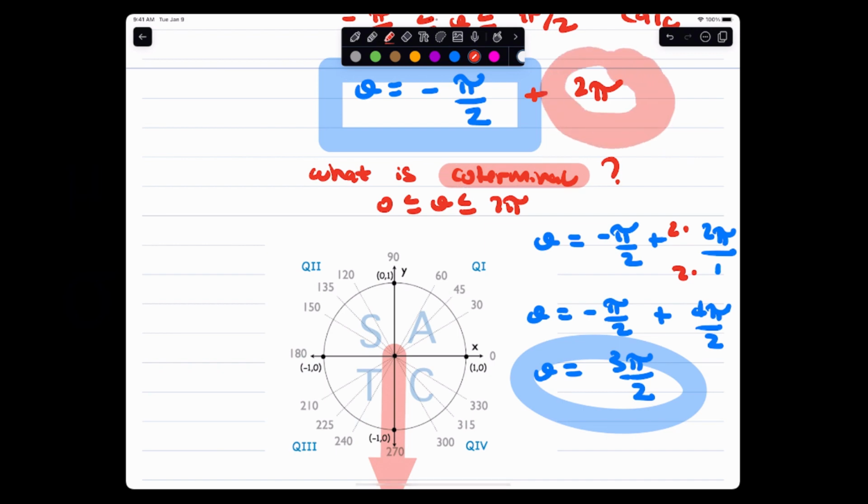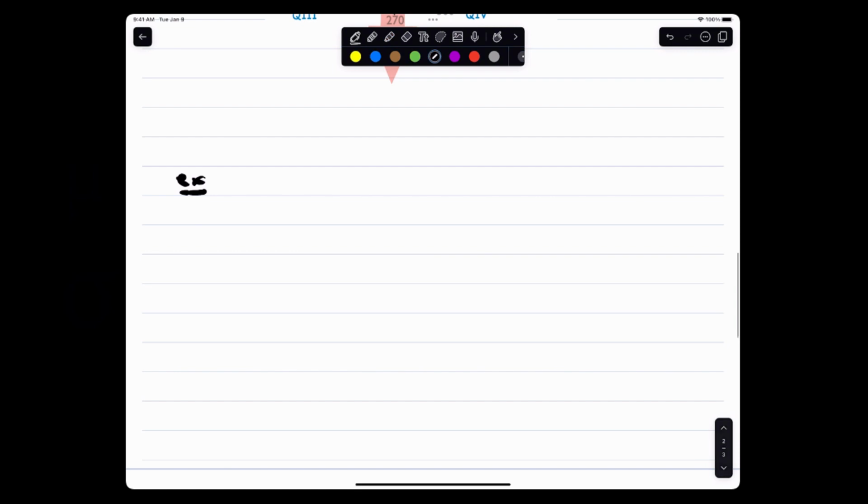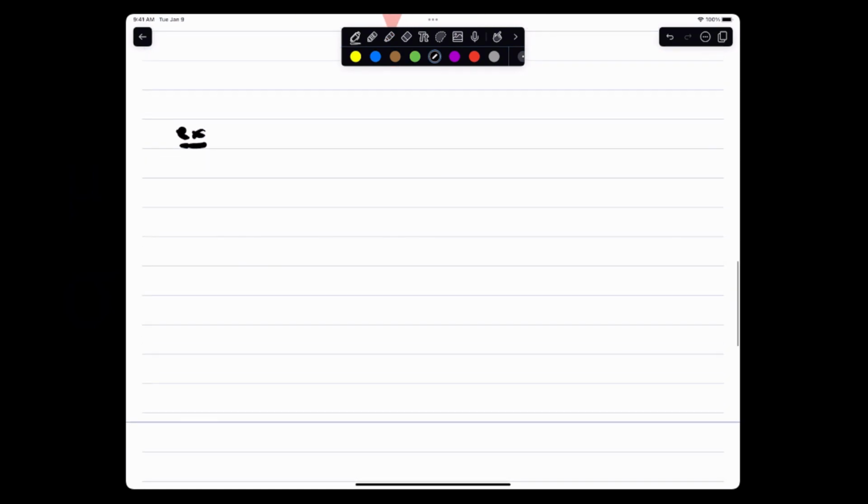So you add 2 pi to that so that you could get an angle that's between 0 and 2 pi, trying to find coterminal angles. So, okay. That's your trig equation, ladies and gentlemen. So we're going to immerse ourselves in solving trig equations. Okay.